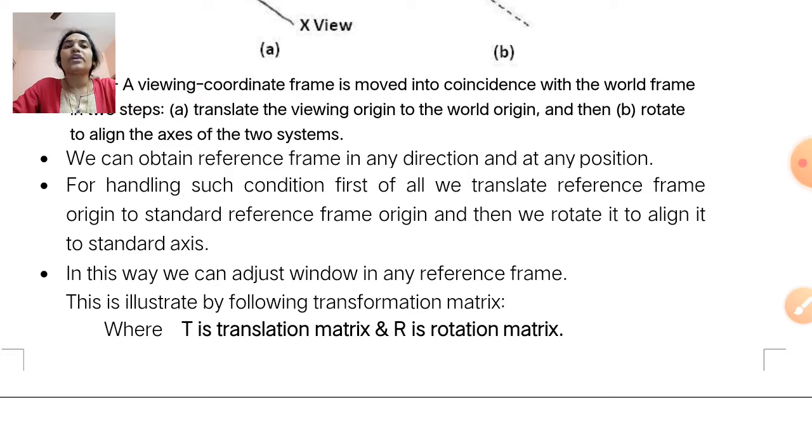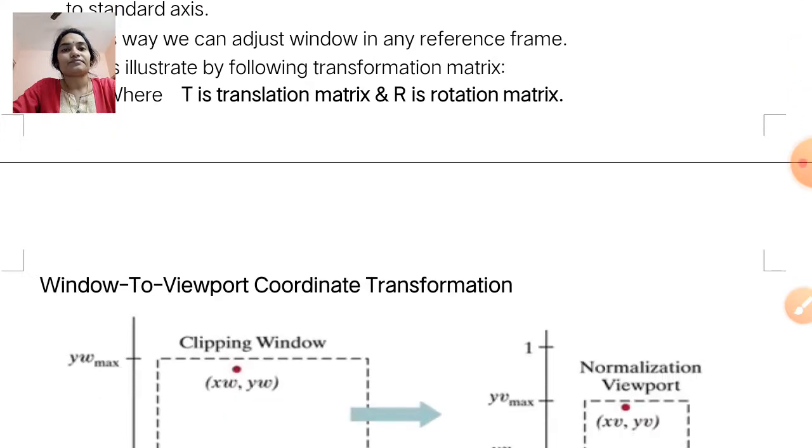In this way we can adjust the window in any reference frame. This is illustrated by the following transformation matrix, where T is the translation matrix and R is the rotation matrix.